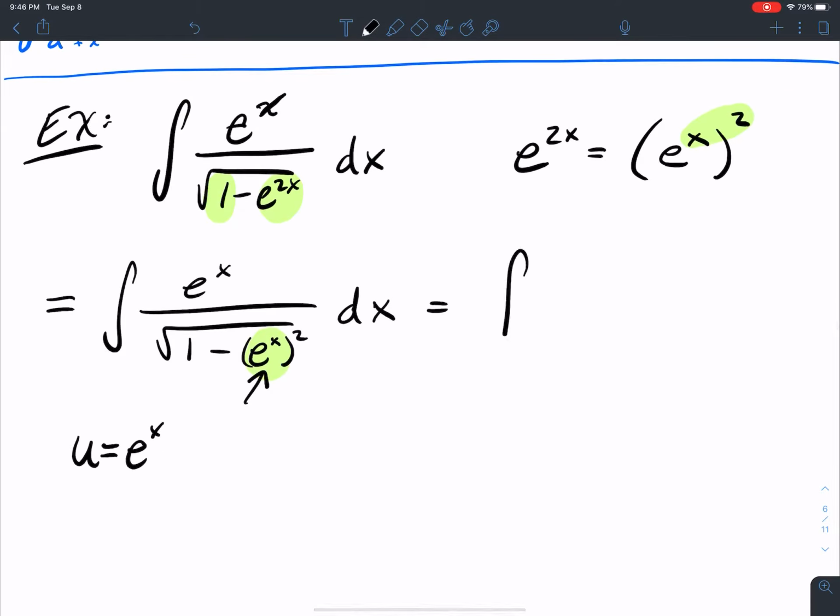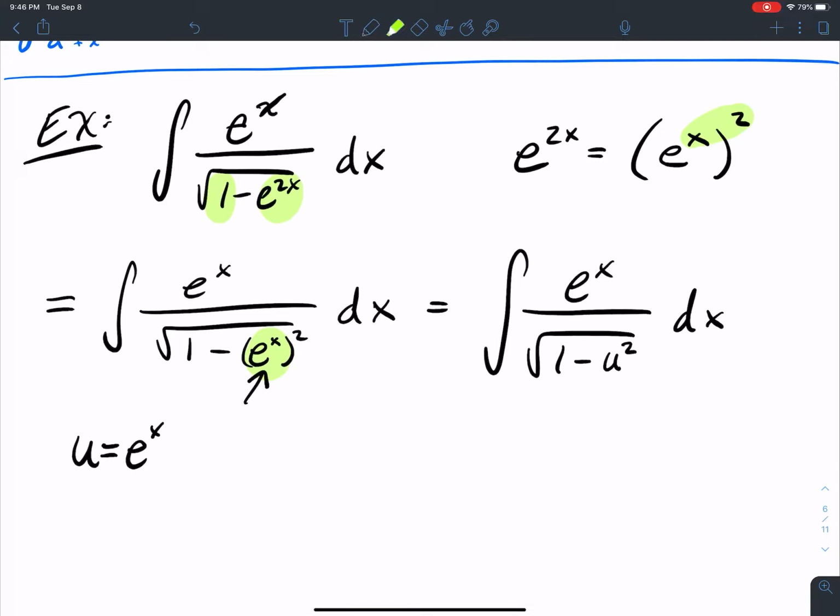I get the integral of e to the x over the square root of 1 minus u squared dx. Now, I need the integral to be completely in terms of u. Right now it's got x's and u's. So to fix this, I'm going to find the differential. du is equal to e to the x dx.